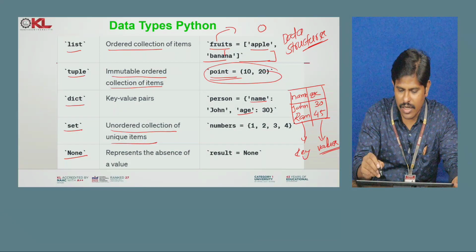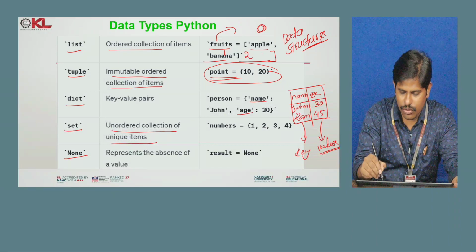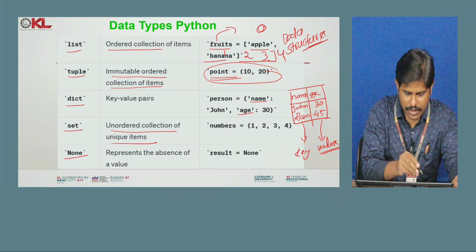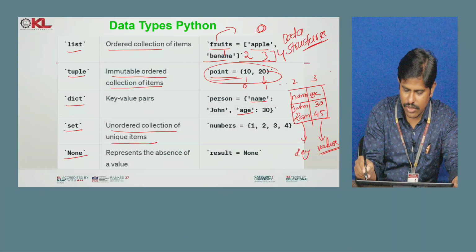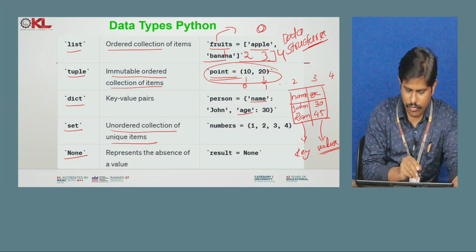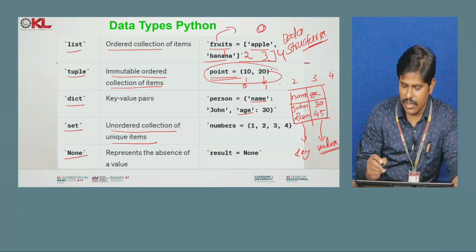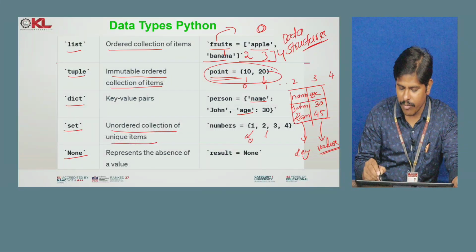In computer science the numbering starts with 0, and whatever comes next becomes 2, 3, 4. And in tuples, 10 is 0 and 20 is 1. Here unordered collection means these items don't have any numbering like 0, 1, 2.